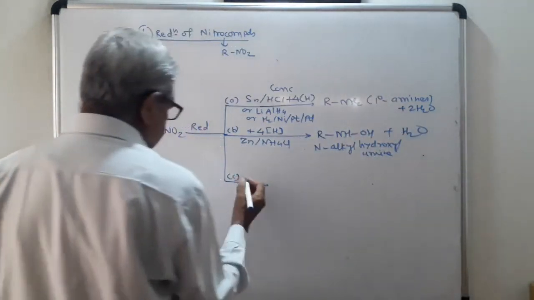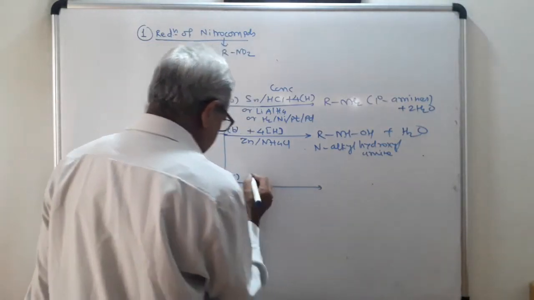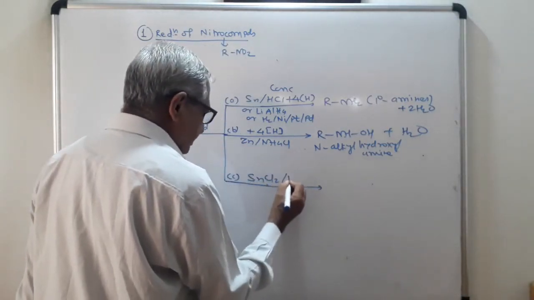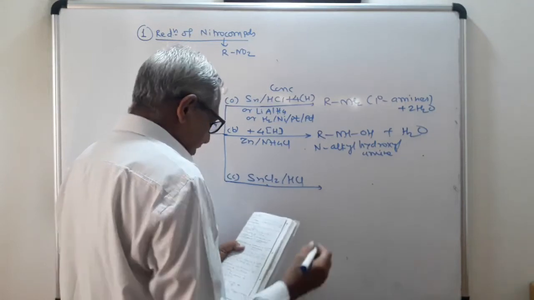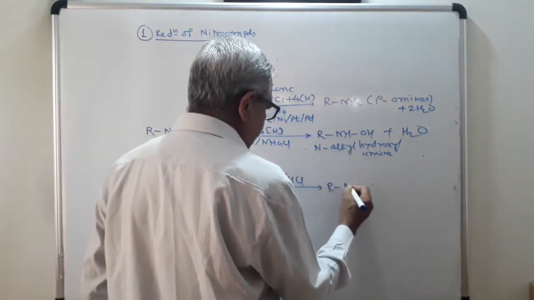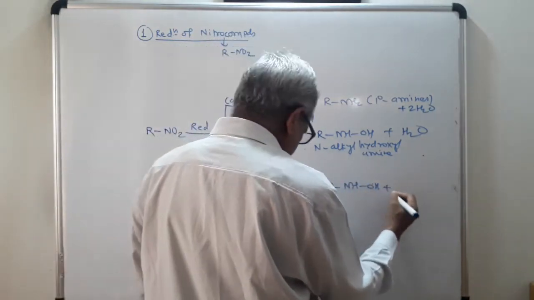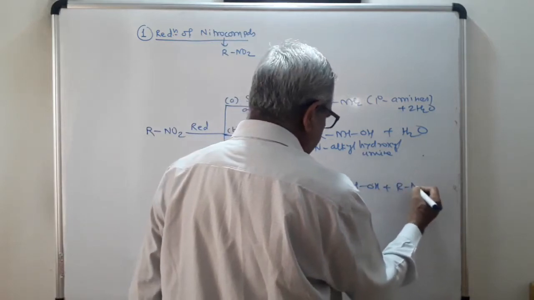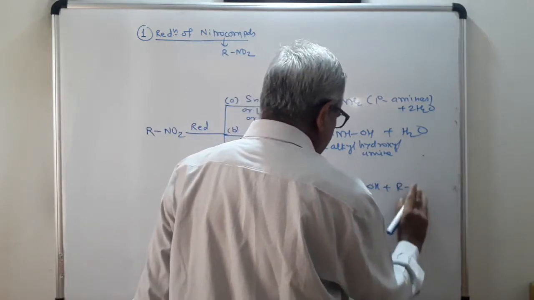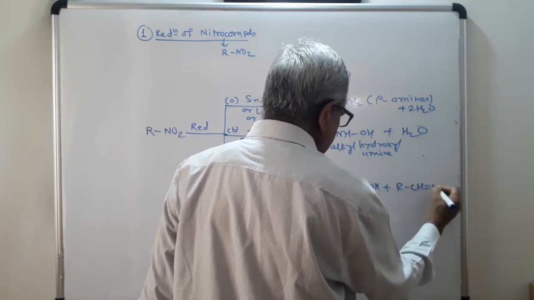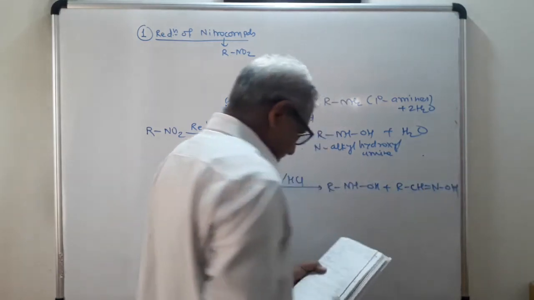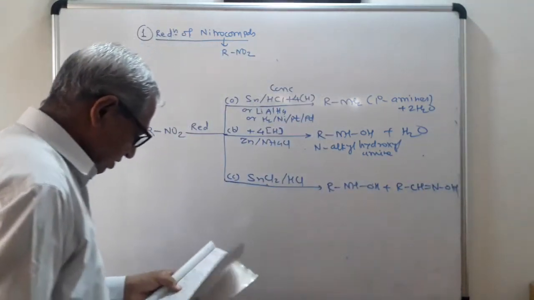When you do the C part, reaction with SnCl2 in presence of HCl, the product is again N-alkyl hydroxylamine, the byproduct is oxime, particularly aldooxime, RCH=NOH. So this is the formula for this one.